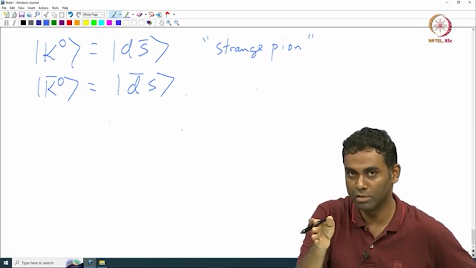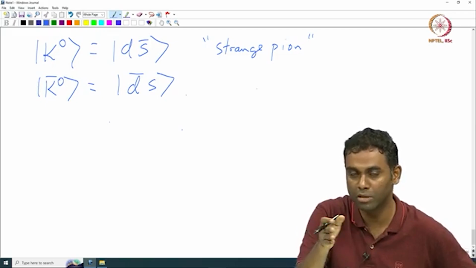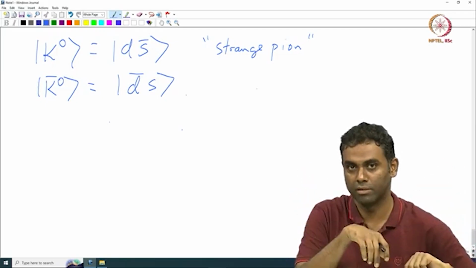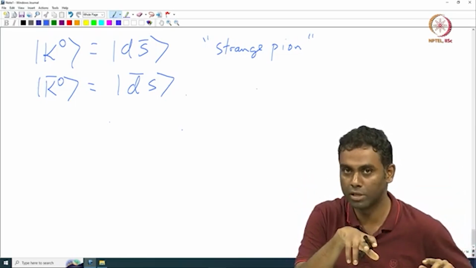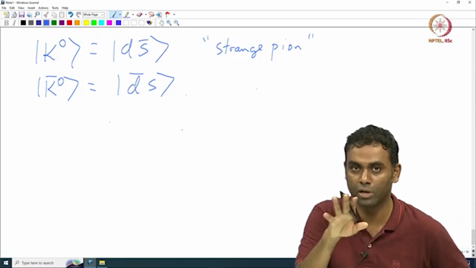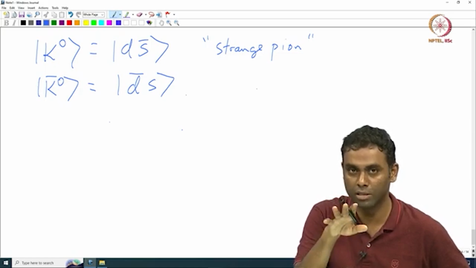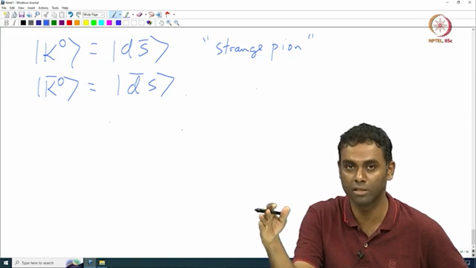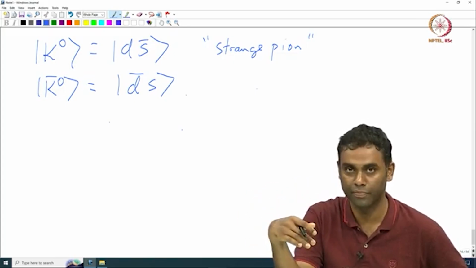In quantum mechanics, when you have two states with the same quantum numbers, they can mix, right, through the Hamiltonian. You might have seen this in quantum mechanics, right. If not, we are going to encounter it now. Okay. And this is a very important part of particle physics. We are going to encounter this in many different guises as the course progresses. Okay.